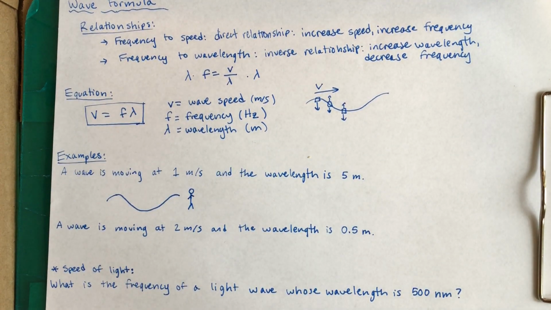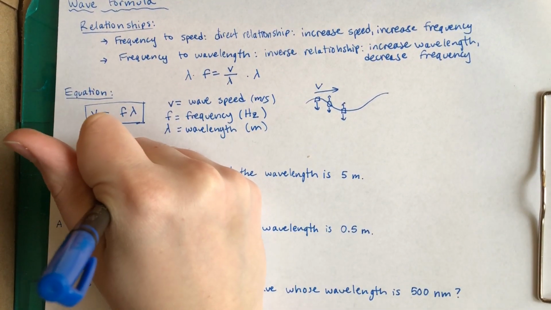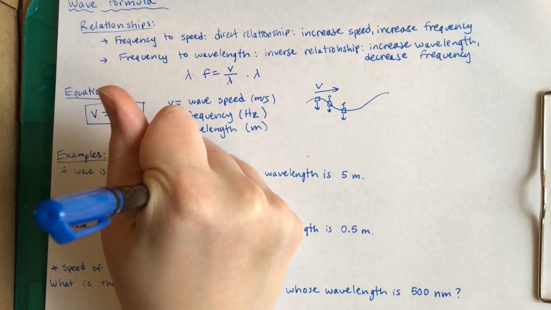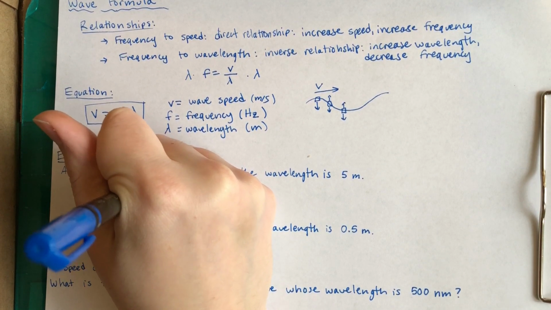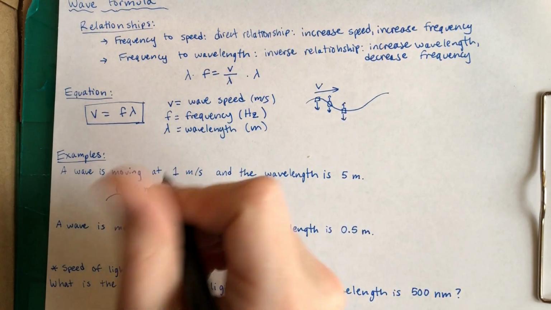If the wavelength is 5 meters from here to here, we want to think about how long it will take for this entire wave to move past this person who's standing here. So it's 5 meters wide, and it's moving at 1 meter per second.